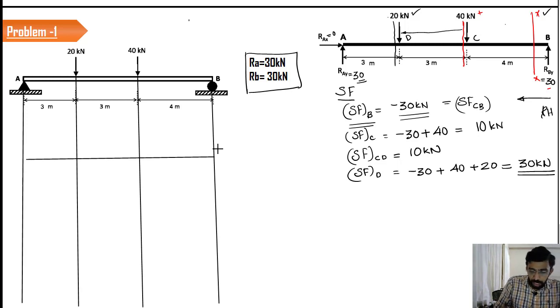Now let us start the shear force diagram. So what was the value at B? Shear force at B was minus 30. Roughly, there is no scale. There is no need to choose any scale. You have to just mention the value. So this value is going to be minus 30.